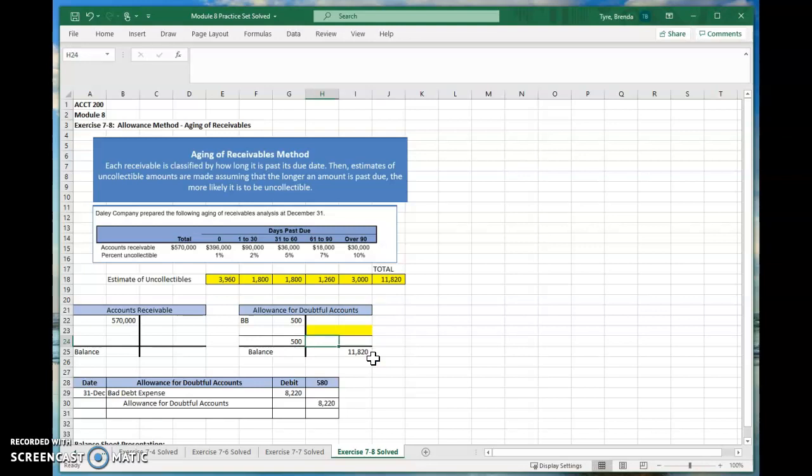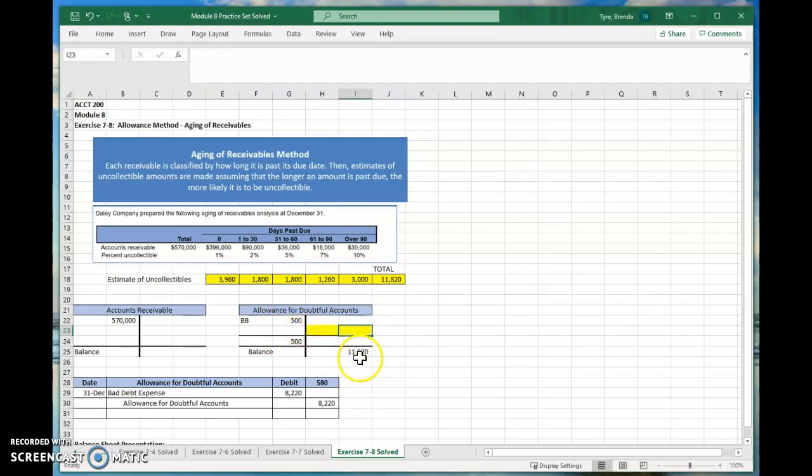So right now, what do I need to do to get that to balance out? What do I need this number to be for this to be 11,820? Well, this number minus this number equals 11,820, right? So I'm going to add those two. Now this is only when it is a debit balance, remember.